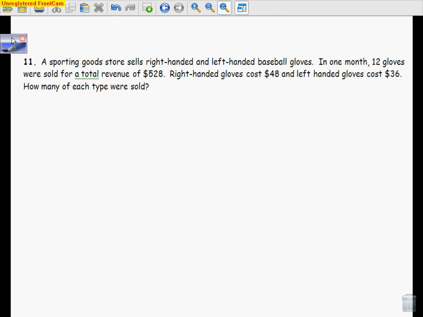When you're doing these problems, you're going to go ahead and set up a system based on the number of gloves sold and the cost of the gloves. So we've sold a total of 12 gloves. Some of them were right-handed, some of them were left-handed, and there were a total of 12 of them. Okay? Now the total cost we had was $528.